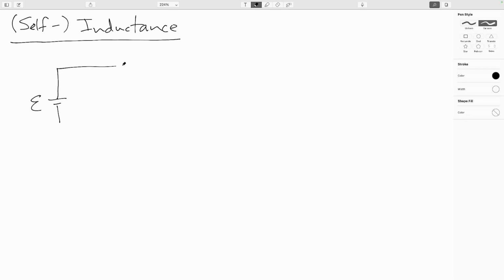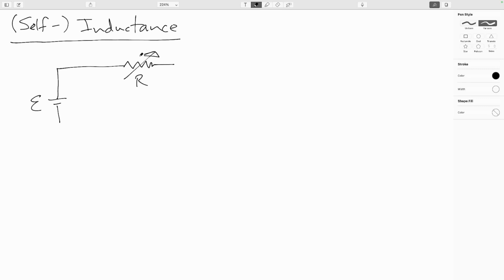Anyway, I'd like to start by just thinking about, I have some battery here or something that gives me an EMF, a DC EMF at the moment. And then I'm going to stick here a variable resistor. Now, in electrical circuit diagrams, anytime you put an arrow through the device, it means make it variable.